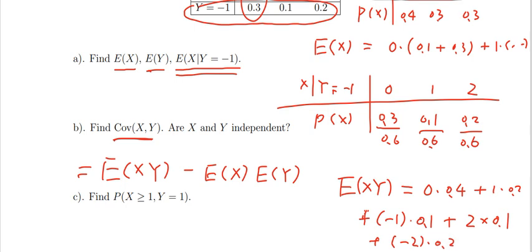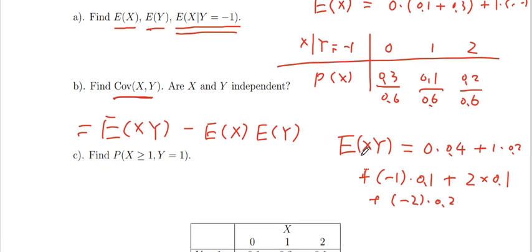So finding E[xy] is, according to the definition, all the possible values of x times y multiplied by the probability that this happens, right? Okay.